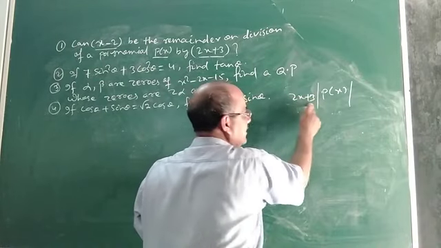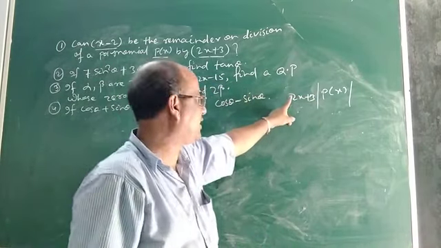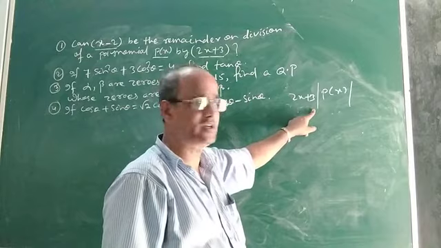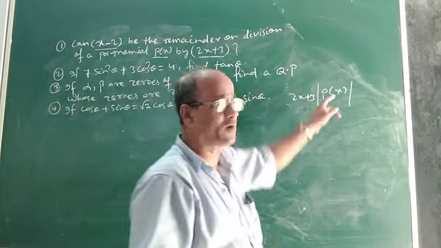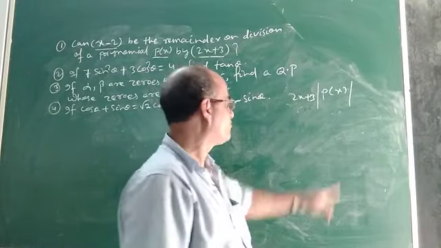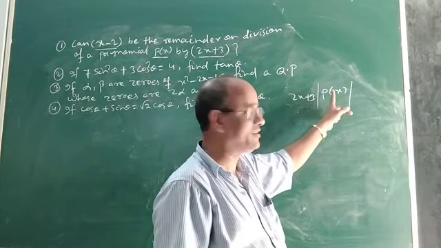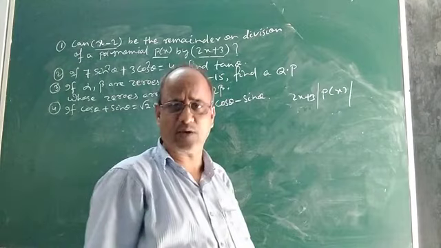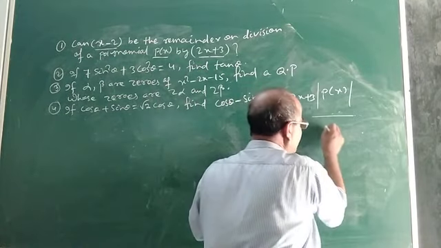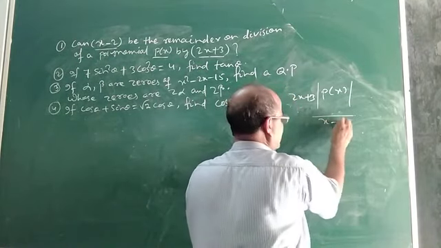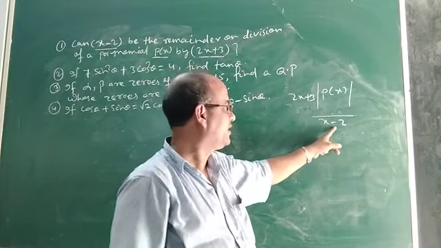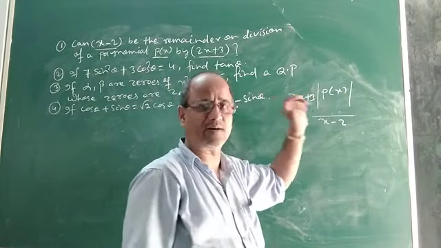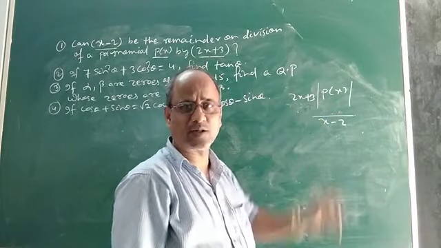See, this is a linear polynomial whose degree is 1. We do not know what degree polynomial p of x is. The question is, if p of x is divided by 2x plus 3, will it give a remainder equal to x minus 2?